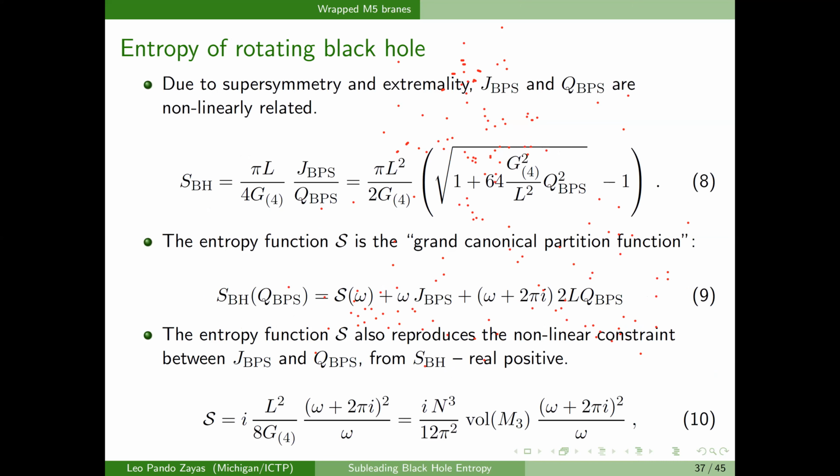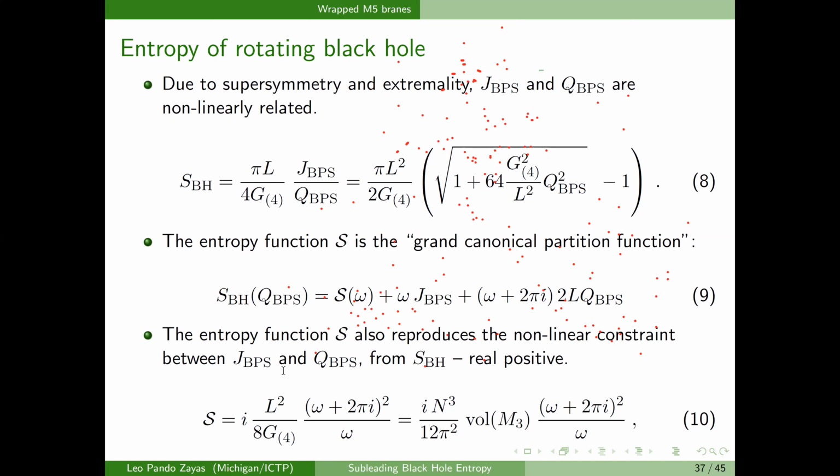So the entropy of this black hole can be computed directly from the area. These are supersymmetric black holes, so there's some constraint that allows me to write the entropy using different quantities, either angular momentum and charge, or just charge. I can compute the entropy function by evaluating the on-shell action on the gravity side, and of course the entropy comes from extremizing or Legendre transforming this quantity.